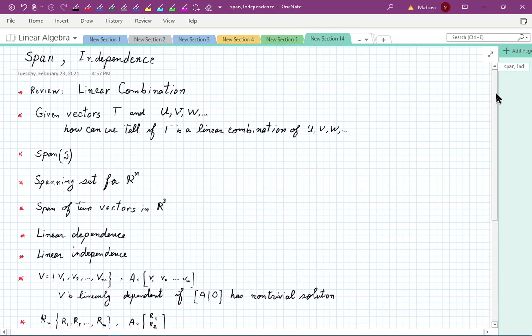So again, we talked about the linear combination, and our big plan here is that if I have a target vector, can I make it out of several other given vectors? Can something be built from several other things?